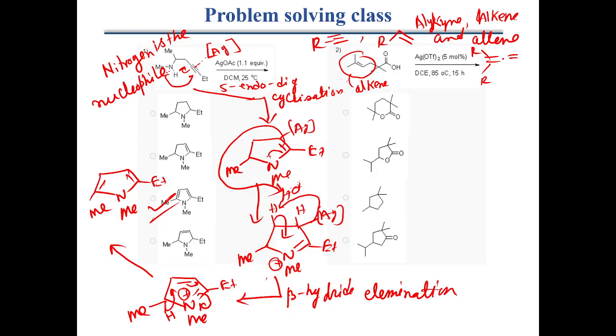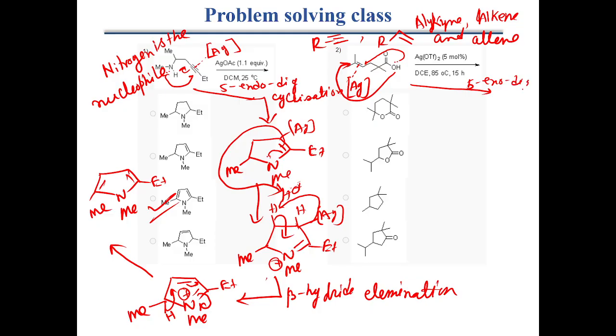So what happened in this case? First coordination with the pi bond of the silver. Then there are two possibilities. This can react either this side or this side. So 5-exo-dig and 6-endo-dig, both are possible.